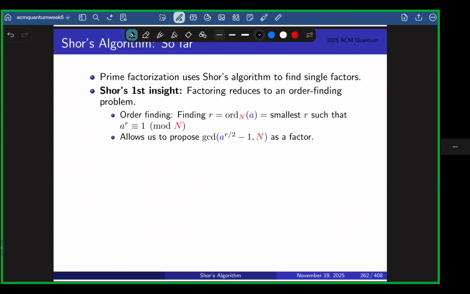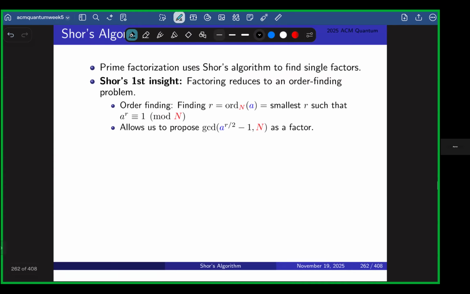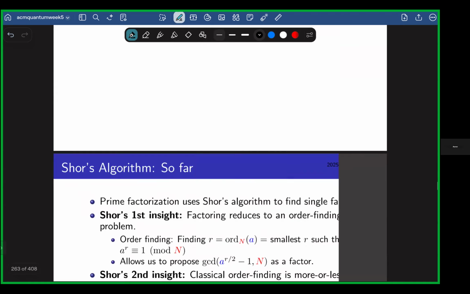Again, here's the order finding problem: A to the R is equivalent to 1. You've probably forgotten, that's why I'm recapping. Once we know the order of A mod n, then we propose that this GCD is our factor. We went over why that's the case.